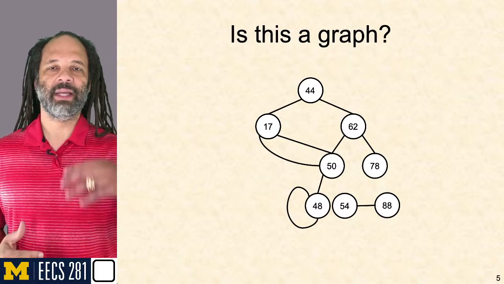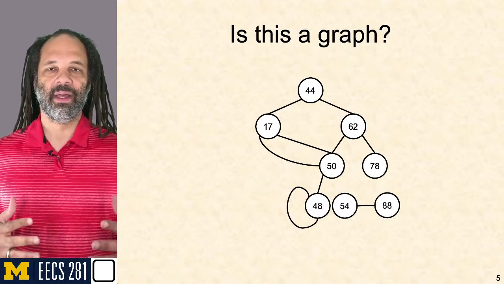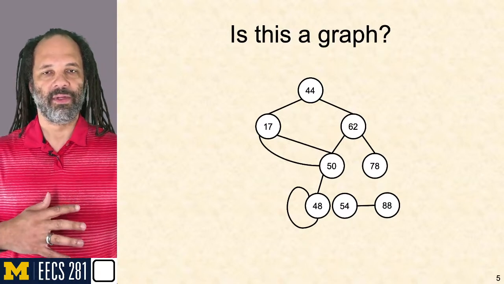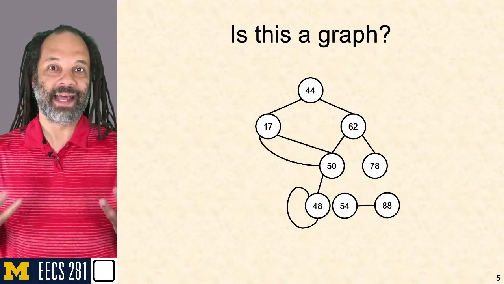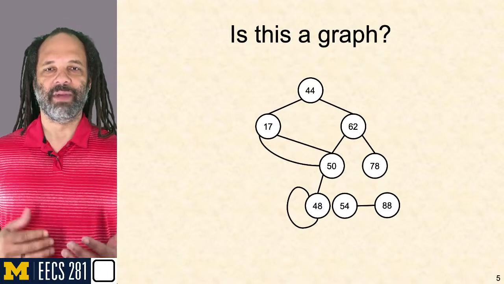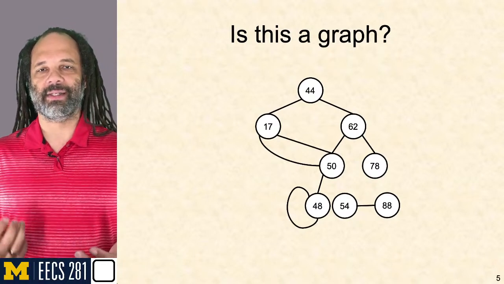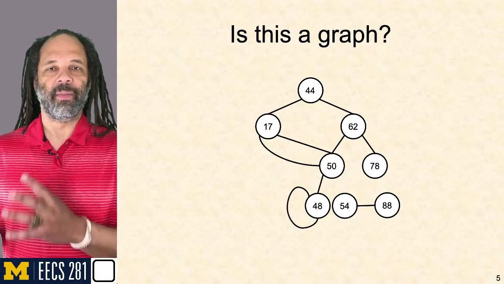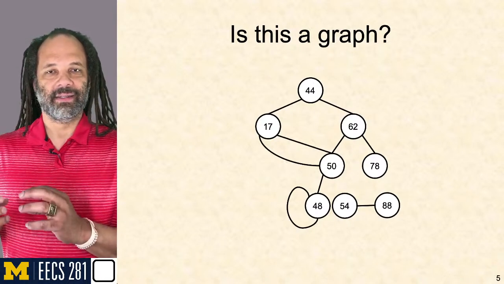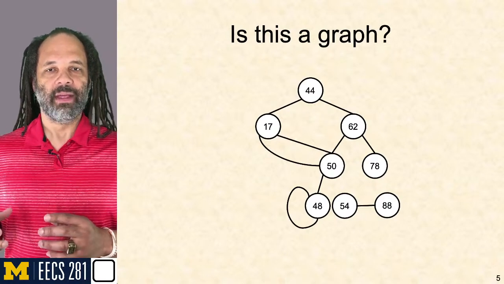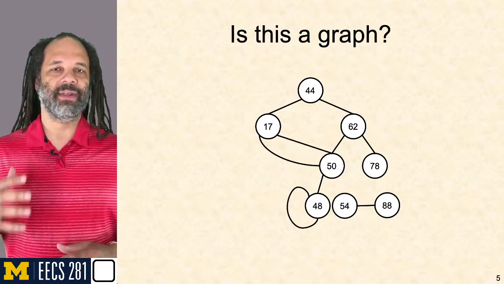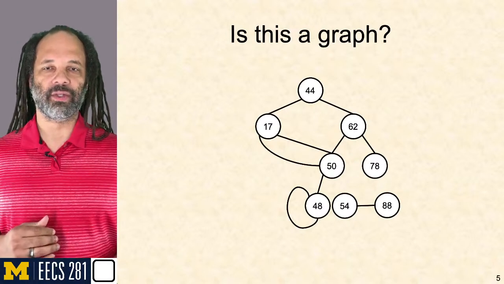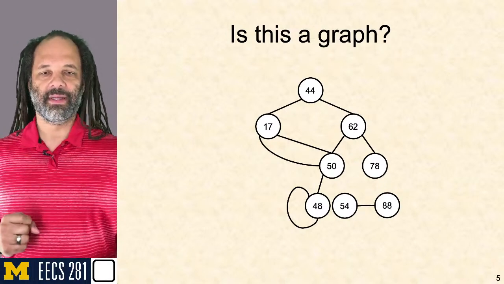So if you're dealing with the road system in the state of Michigan, you can say that there's roads throughout the continental portion of Michigan. But then there's also roads that exist on our islands. It doesn't make them less roads, and it doesn't make the places that they connect less places. So we have the ability to have disconnected sections in graphs that we don't support in trees. So yes, this is a graph.